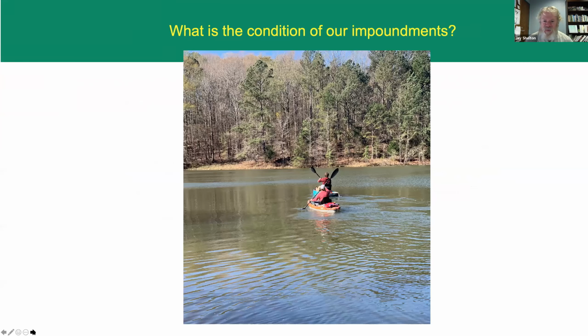But another thing to consider is that we have, of course, modified the landscape for many, many decades. And we've put impoundments of all sizes, everything from big mainstream reservoirs on down to very small farm ponds. Those modifications are basically throughout the landscape. And so we ask the question, what is the condition of our rivers and streams? Well, we should also ask the question, what is the condition of our impoundments?